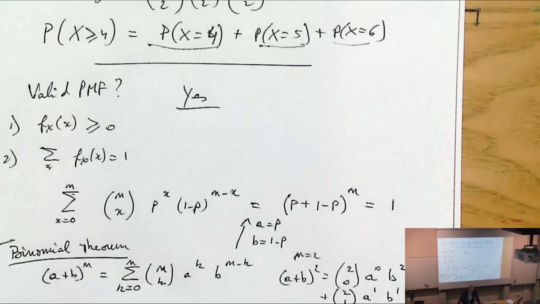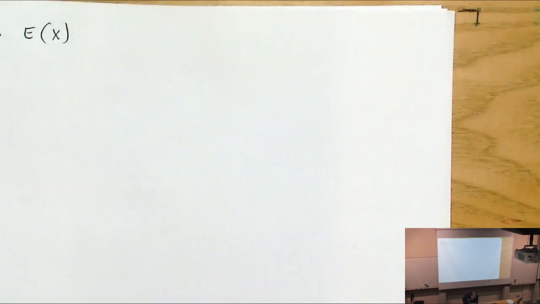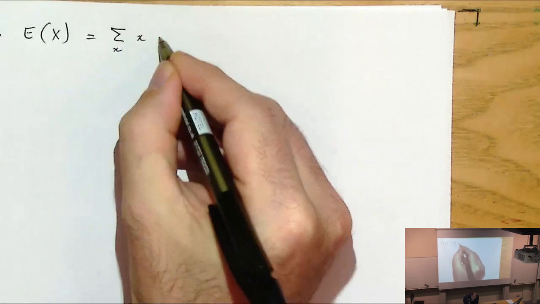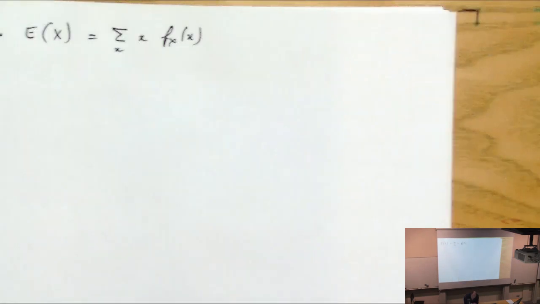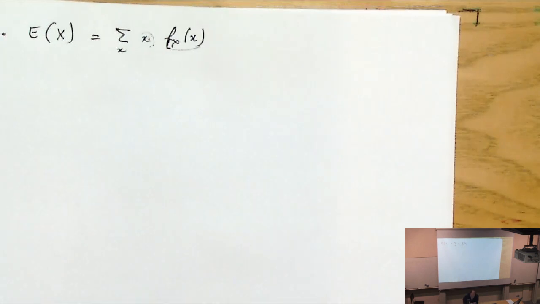Good, so once we have done that, let's use this to now calculate the expectation of x. So what is the expectation of this random variable x? Well, this is a sum over x. I'm looking at a weighted sum again over all those x, and I weight by the probability mass function.